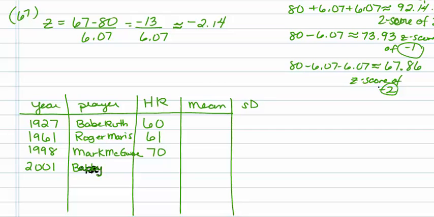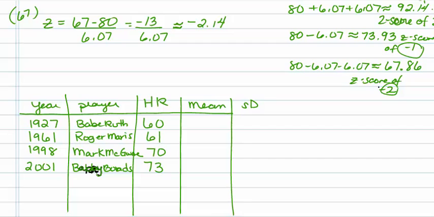Didn't he get busted for something? Performance enhancing drugs or something. Look at that, 73 home runs. So when you first look at it, you'd say, okay, well, of course, Barry Bonds was the best out of everyone. He hit the most runs in a single season.